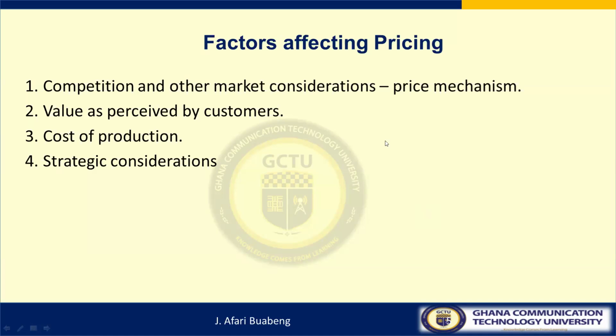Price. That notwithstanding, to be able to say that this is the price of a product, this is the price of a service, there are a number of factors that affect the determination of price. The factors can be grouped into 4 major headings.